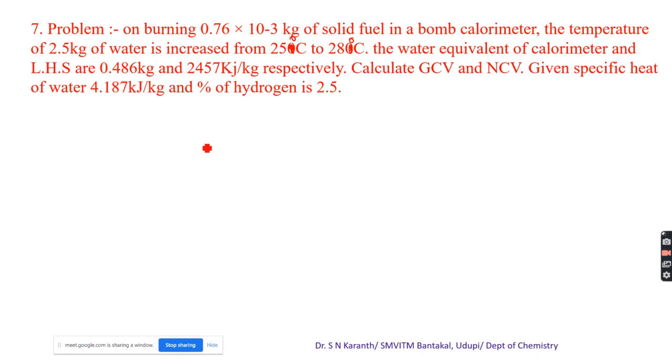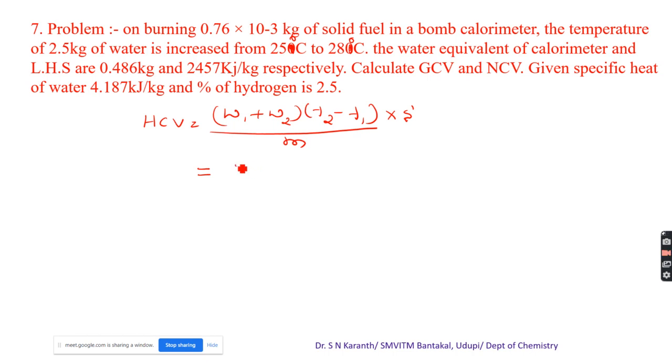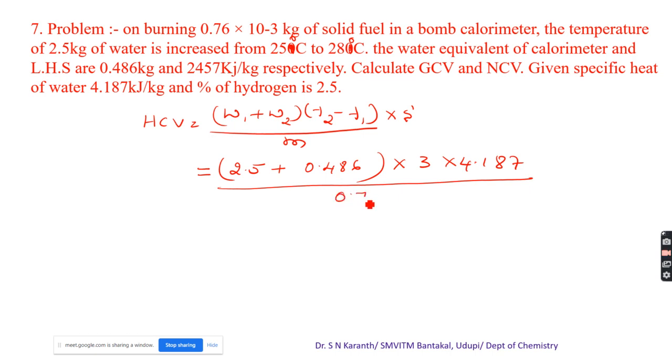How much do you get for HCV? HCV equals (W1 + W2) × (T2 − T1) / M. So W1 is 2.5 plus 0.486, into 3, into 4.187, divided by 0.76 × 10^-3, because all are in terms of kg.